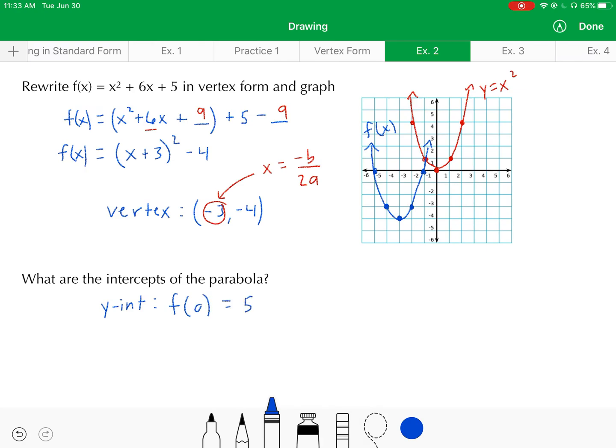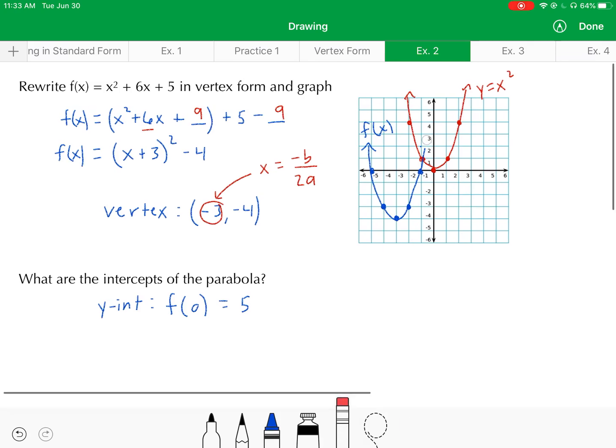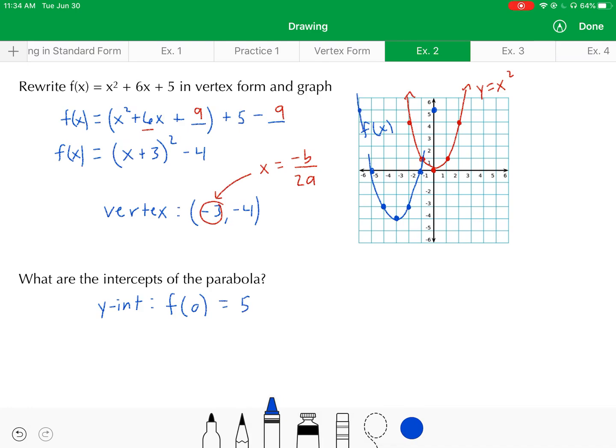That would give me 5, right? I could use either version of the function. I could use the standard form or the vertex form to evaluate when x is 0, and it should give me 5. How about I actually adjust my graph a little bit here to include that point, which is up here, and then I'll reflect it. That just gives me a little bit more accurate parabola now.